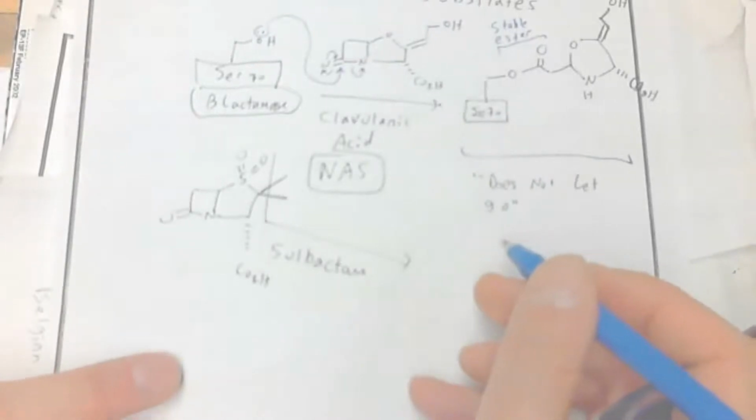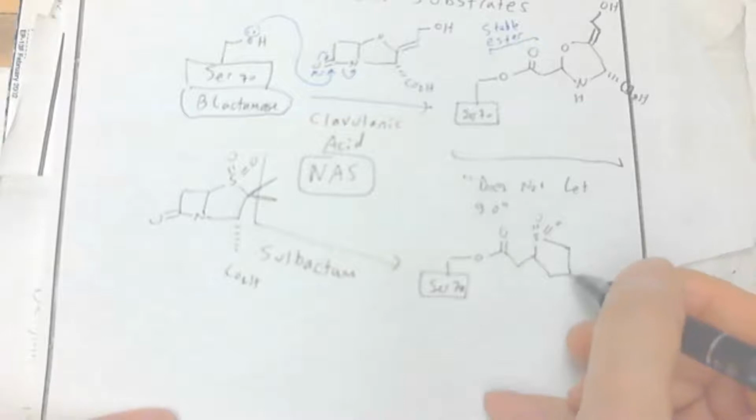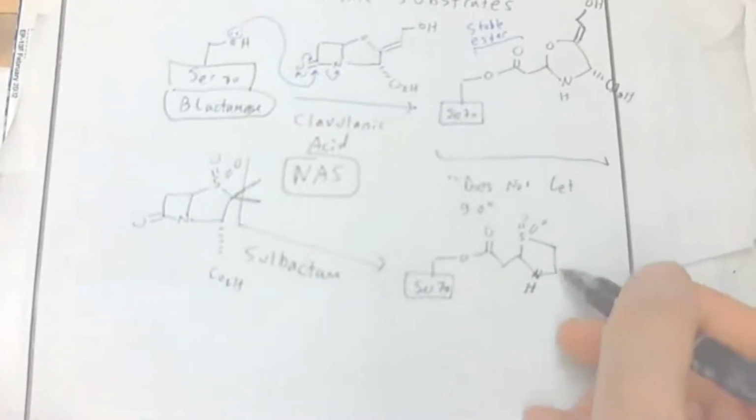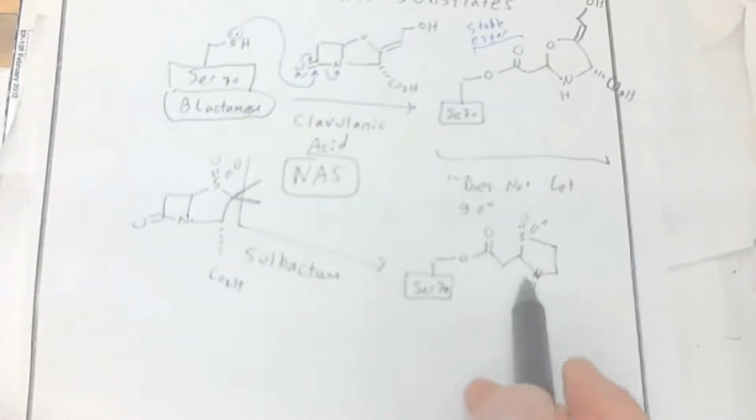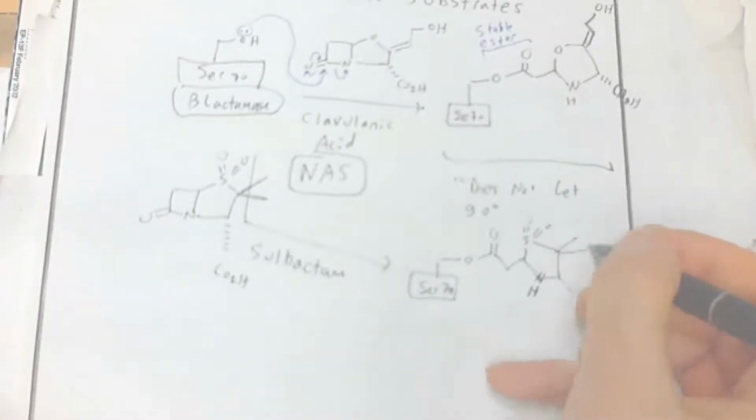It attacks, it's an NAS type thing, and then serine 70 has that thing attached. Nitrogen. Now even the nitrogen from the beta-lactam is here. And then we have the carboxylic acid and the 2 methyls. Okay, cool.